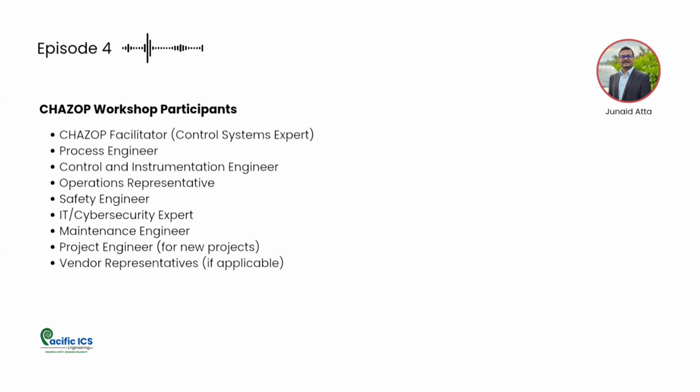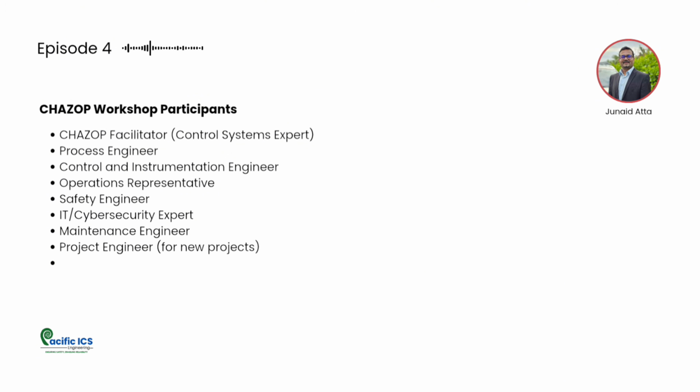He should be a control system expert with a very good understanding of hardware and software. Process engineer, yes, and control and instrumentation engineer, yes. Then operations representatives, yes, who should know the ins and outs of the process and operations. Safety engineer, IT cybersecurity expert, yes. If we are conducting a cybersecurity part in it, then definitely we need a cybersecurity engineer.